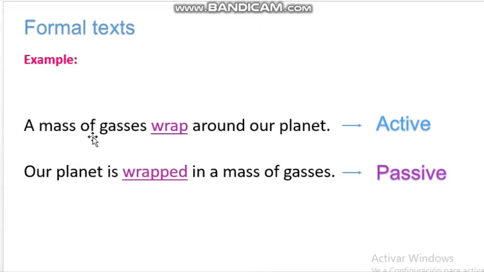We are going to see in the examples. The active sentence says, a mass of gases wraps around our planet. We can say that this is more informal. But when we put it in a passive way, we say, our planet is wrapped in a mass of gases. If you realize, this sentence is more formal.